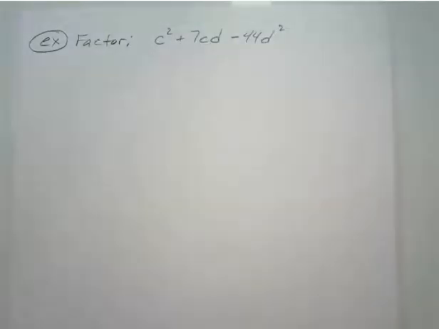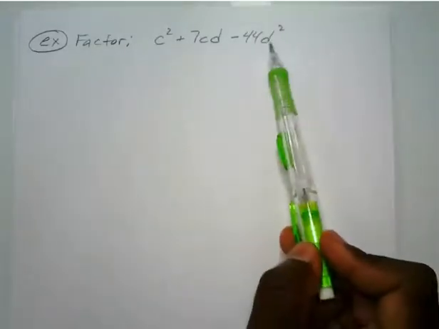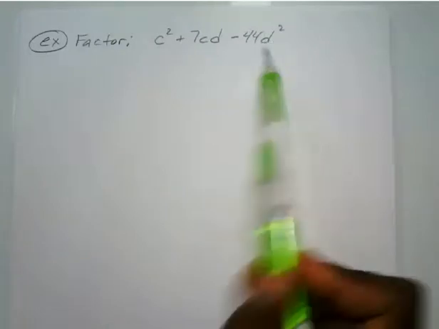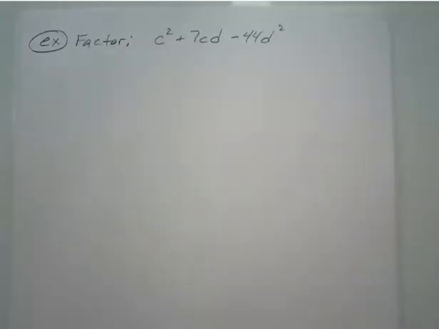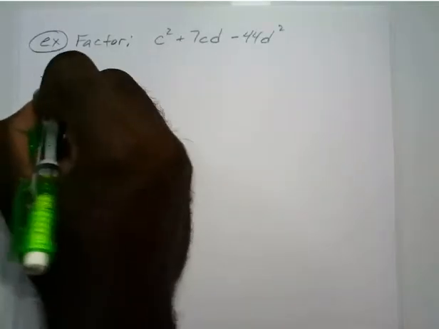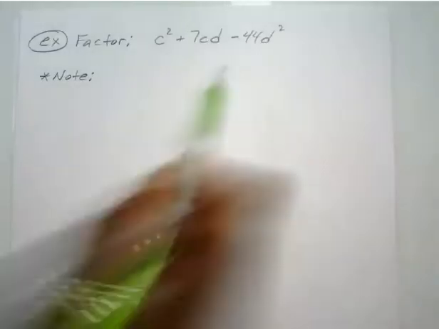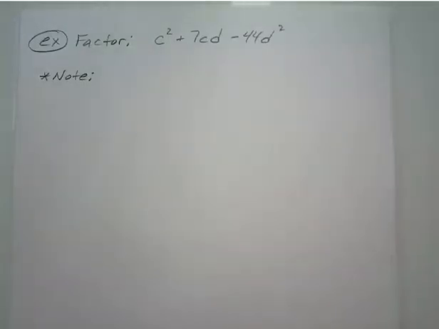You have two variables here. You have a c squared for your first term, and you have a d squared in your last term. So I'm going to give you a quick note whenever you run across a trinomial like that.